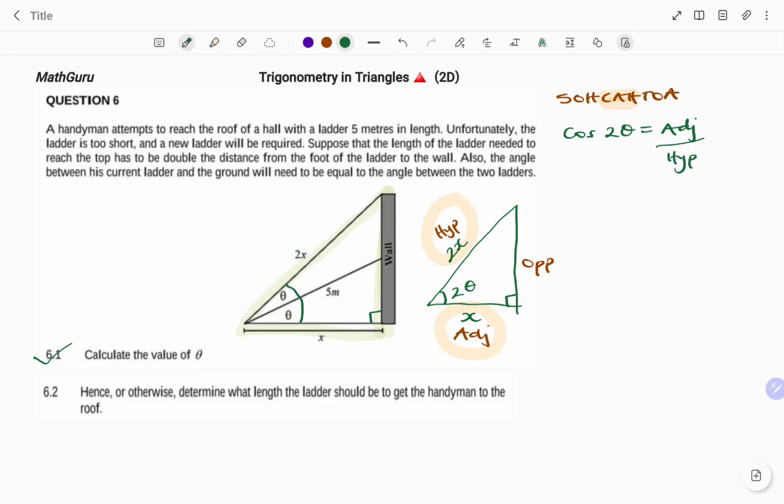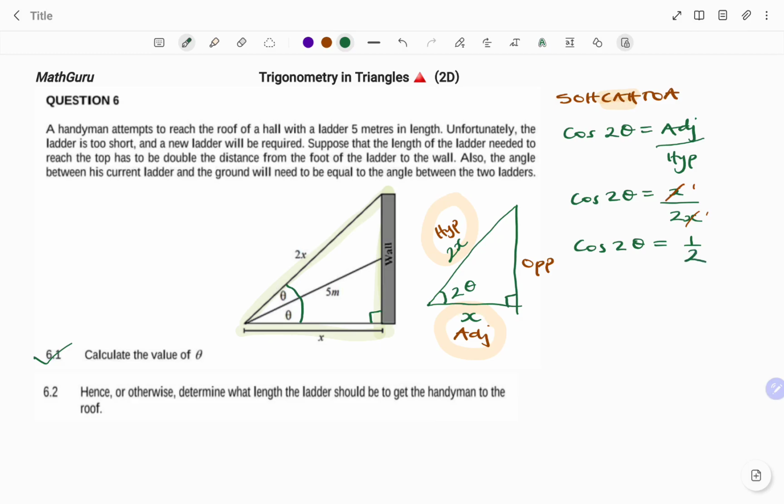So I'm going to put in the values. I have cos 2 theta equals, the adjacent is x and the hypotenuse is 2x. I'll start by simplifying. I have x in x, 1. So therefore, my cos 2 theta equals 1 over 2.